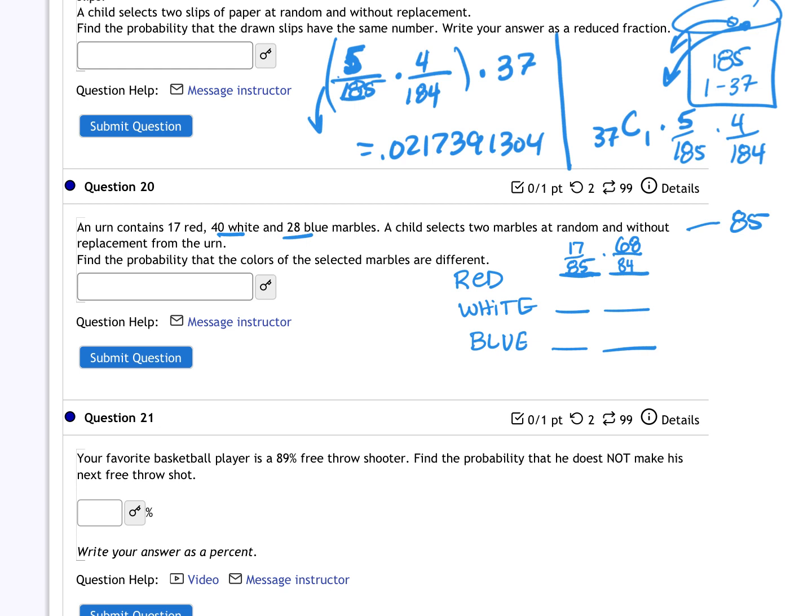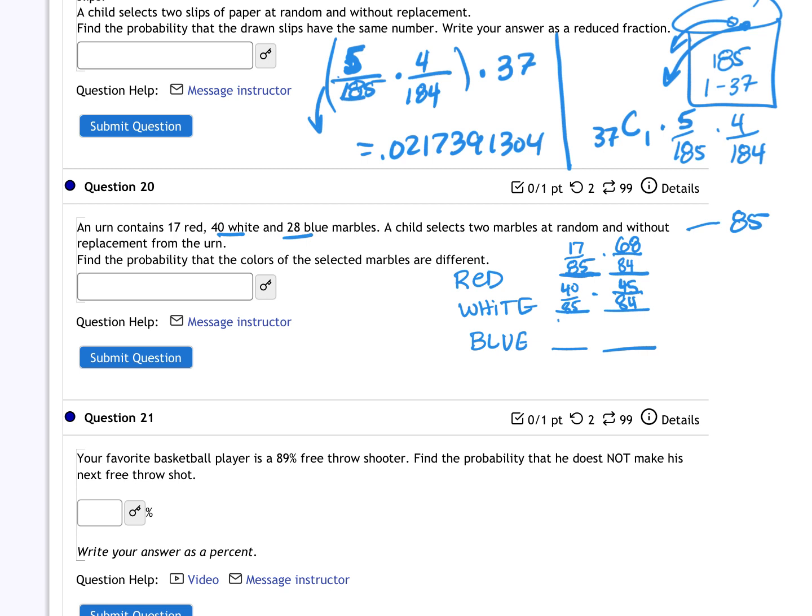What if I get white first? I have a 40 out of 85 chance of getting white first. And then to not get a white, that would be 17 plus 28, 45. All right. And then blue.